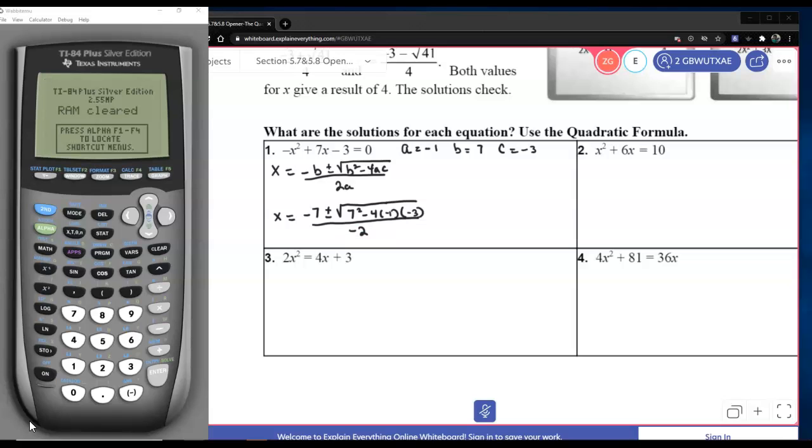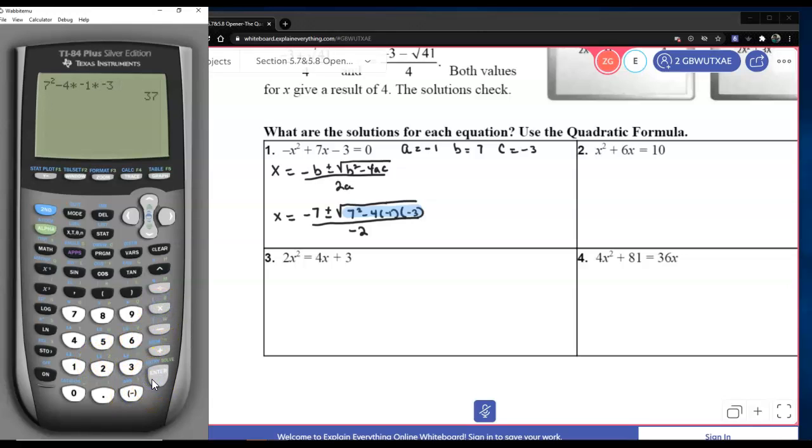So what you have to do in the calculator is evaluate what is called the discriminant. Let's go ahead and evaluate that. In our calculator, we have 7 squared minus 4 times -1 times -3.